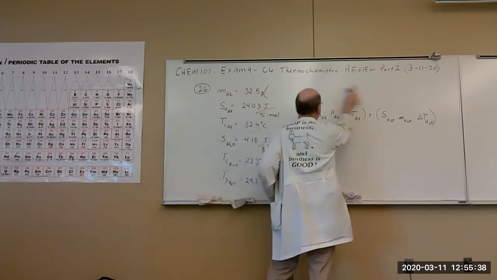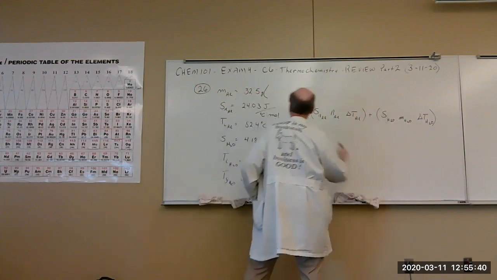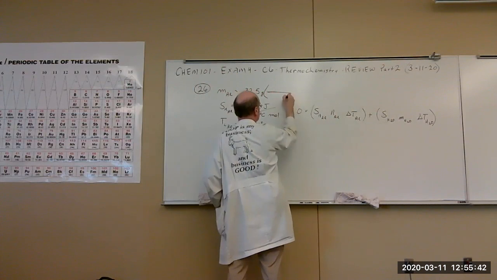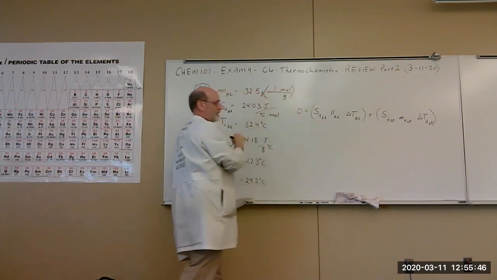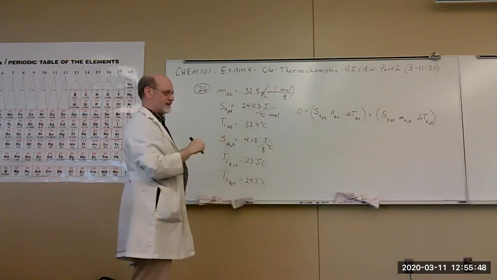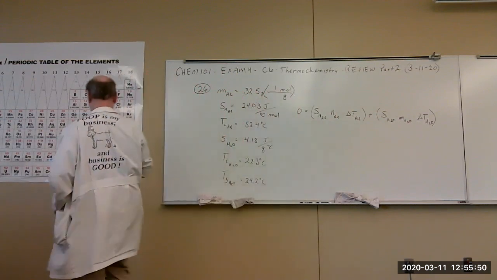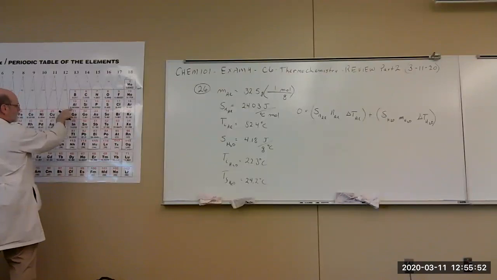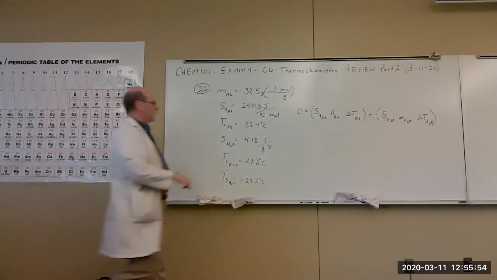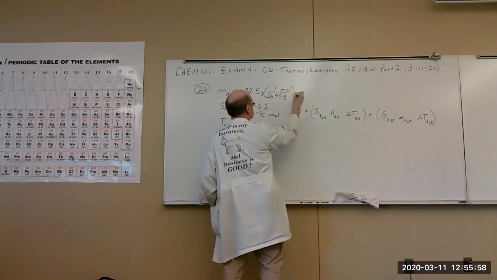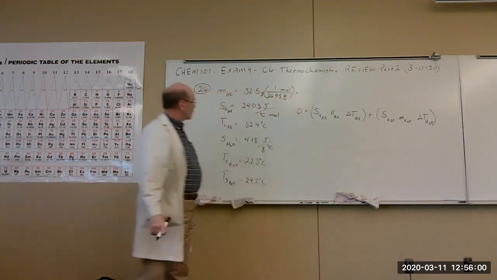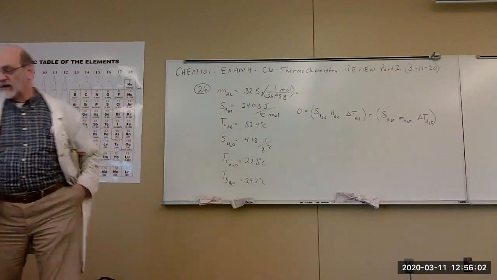Sorry, I'm going to have to erase that. We need moles of aluminum, so that means grams on the bottom, moles on the top, and then we need the molar mass of aluminum, 26.98 grams per mole. So this will tell us how many moles of aluminum there are.